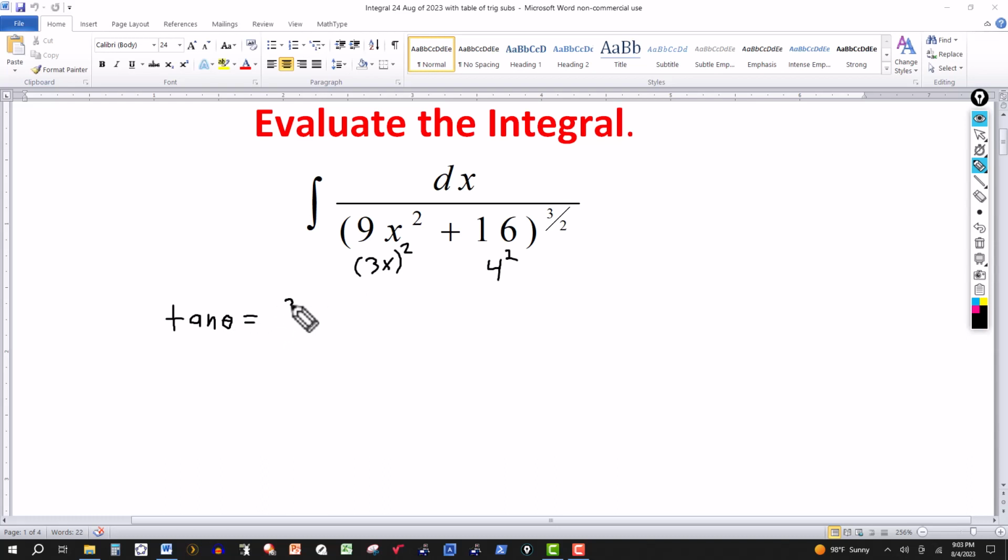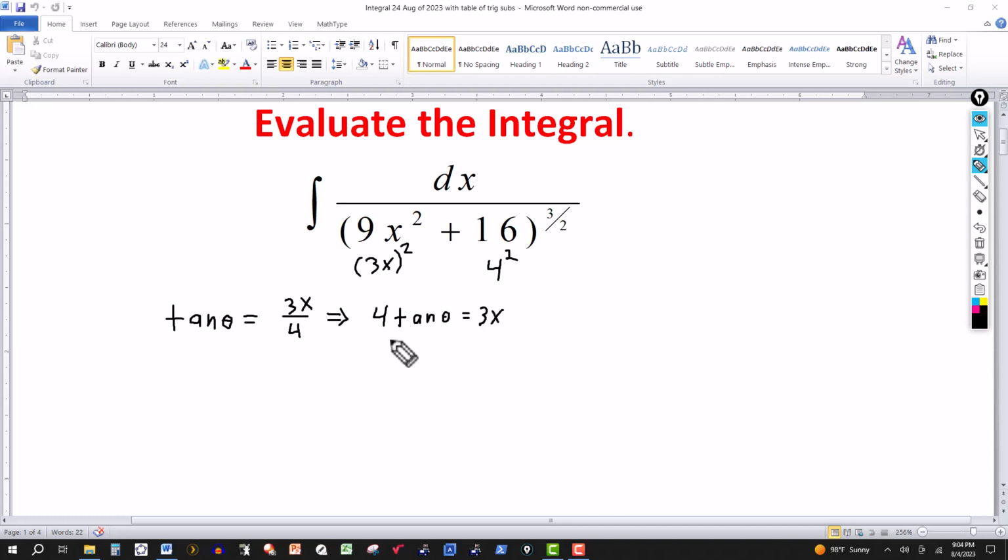But I'm just going to leave it as 3x. So 3x over a, which in this case will be 4. So I get that. And then I can go ahead and solve this, or multiply by 4. So this would give me 4 tangent theta will equal 3x.